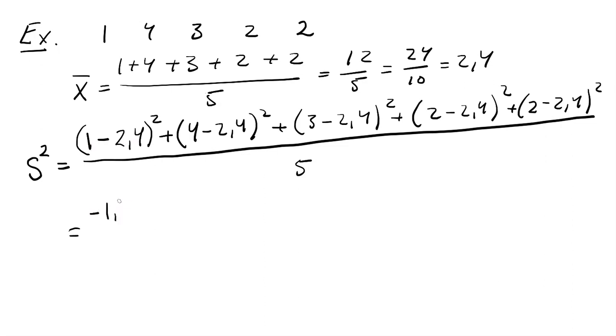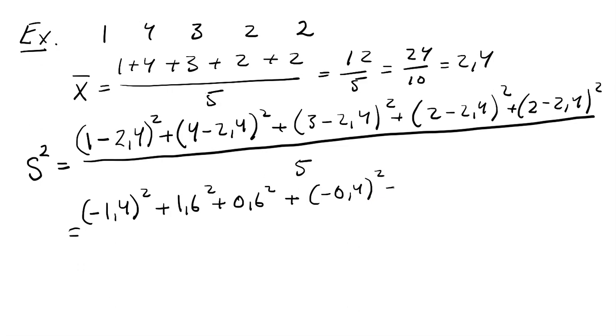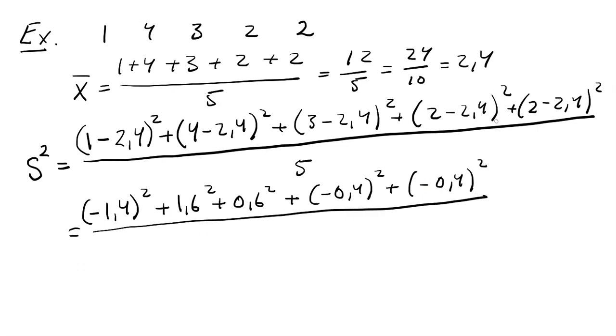So this is minus 1.4 squared. This is almost 3, so 1.6 squared. And here we have 0.6 squared. Minus 0.4 squared, this one. And this is minus 0.4 squared. Since these two are the same, I could have, of course, written a 2 in front here. Divided by 5.